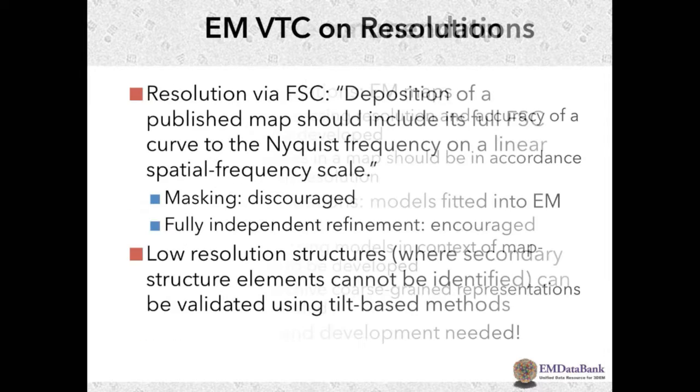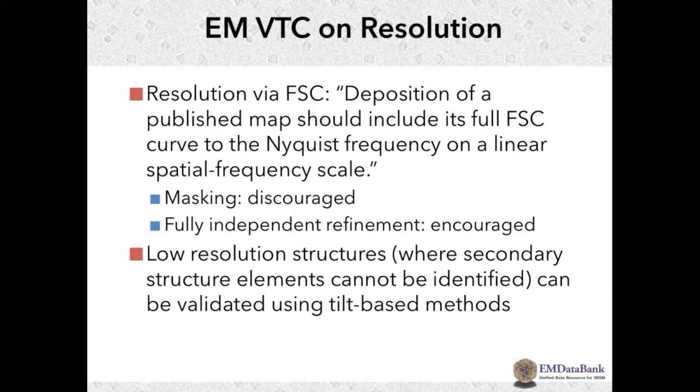They did have a few specific things about resolution. So using the Fourier shell correlation curve, which I hope by now you guys know about. I see nods, that's good, so I don't have to explain that.